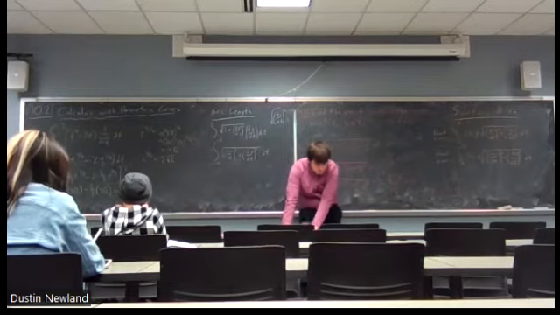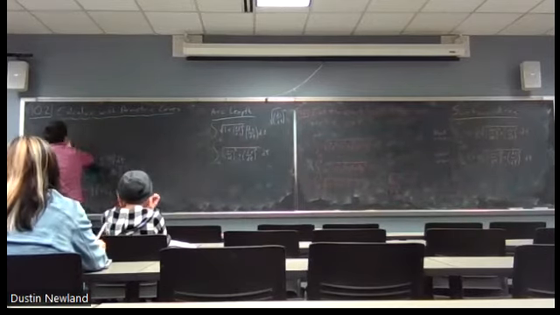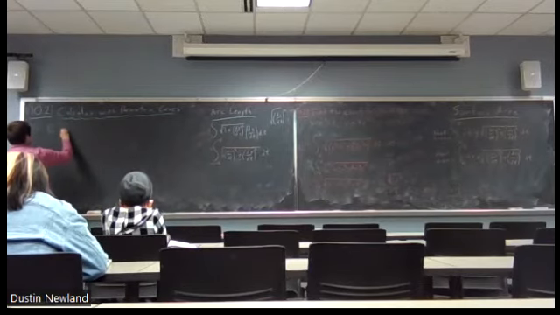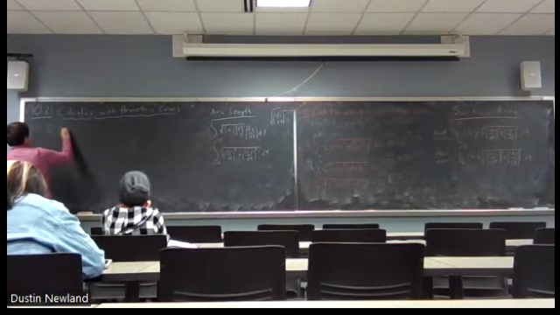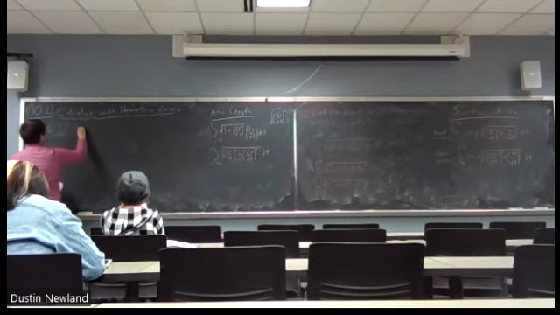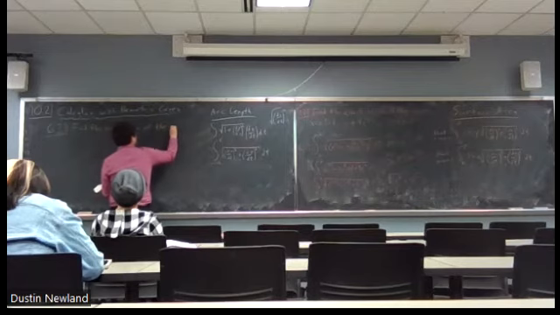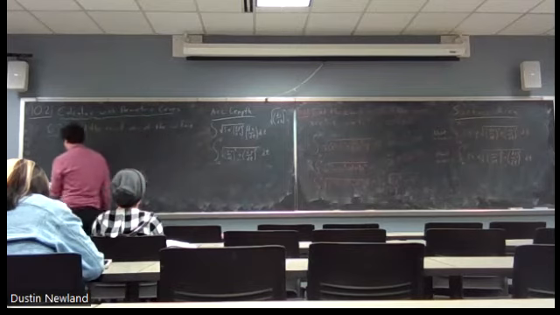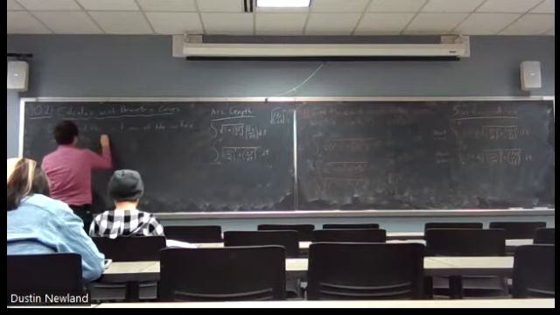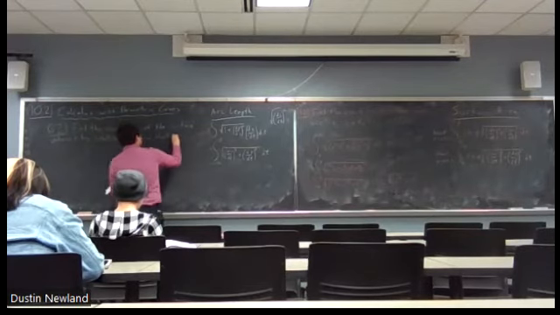Number 62. So we want to find the exact area of the surface obtained by rotating about the x-axis.